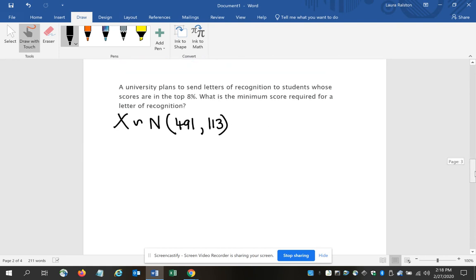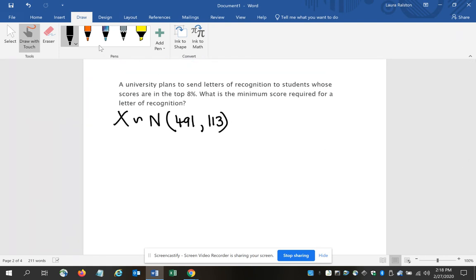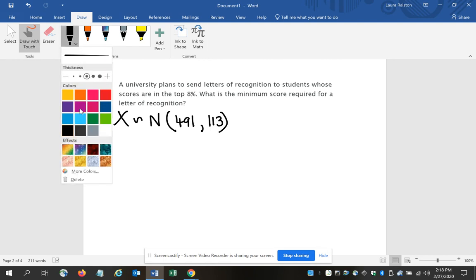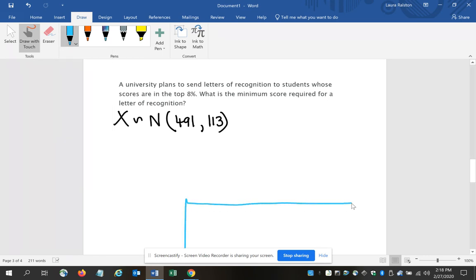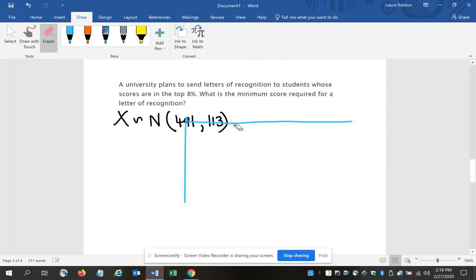So let me get up here where I have some space. Then I want to sketch or draw a picture of what's happening here. We know that it's a normal distribution, so I'm going to draw the baseline.